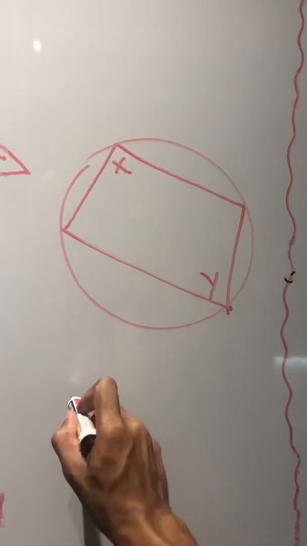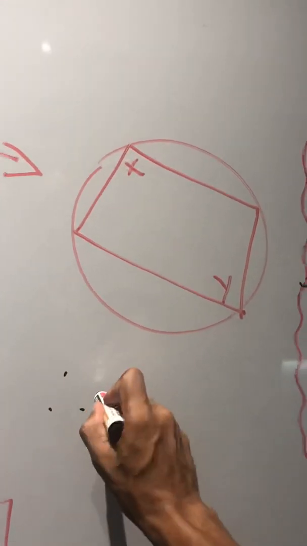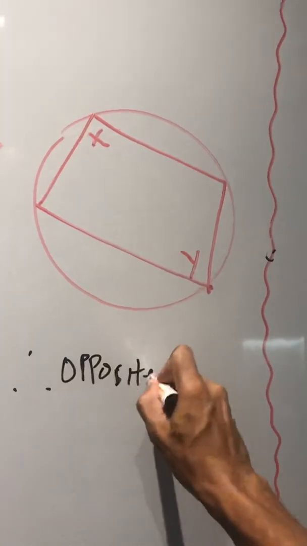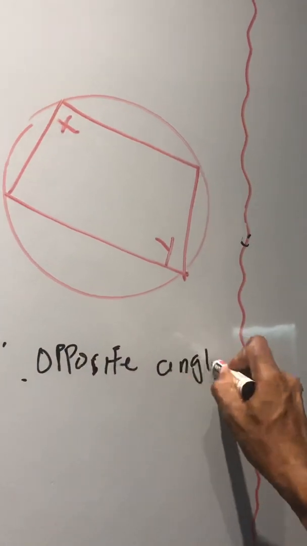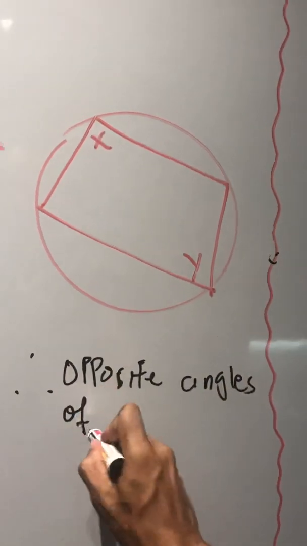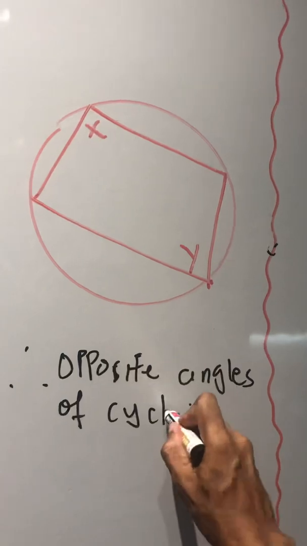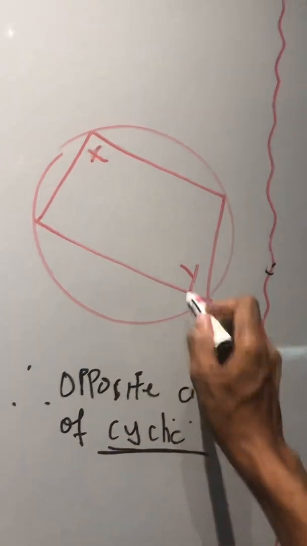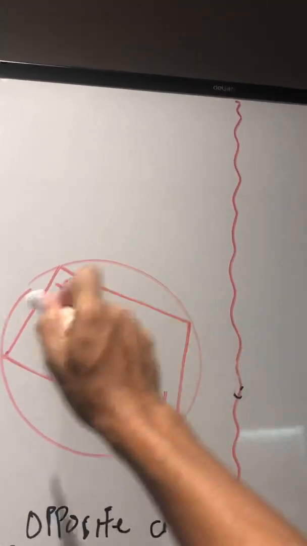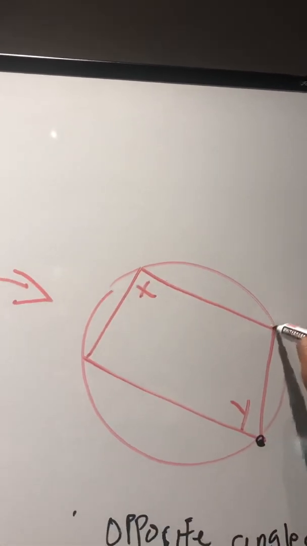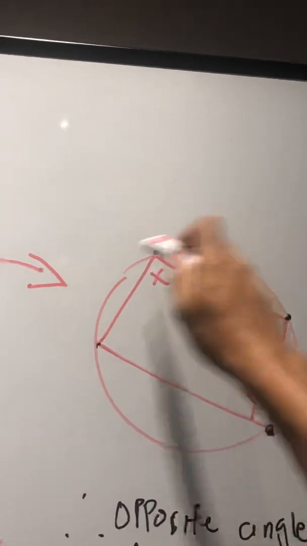So we can say, therefore, taking this from the first calculation that we had here, that opposite angles of a cyclic quadrilateral. So get that word. It's a cyclic quadrilateral. Why? Because all the vertices, all the corners are touching.